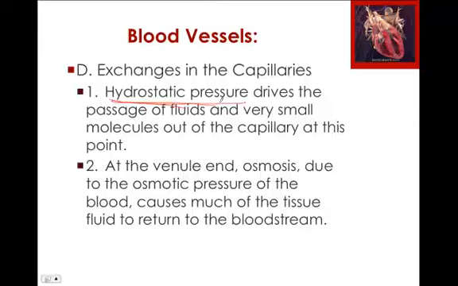If you had holes in your hose, hydrostatic pressure would push some of that liquid out of the hose. And that's exactly what's happening in your capillaries. Your capillaries are leaky to that fluid, and so that fluid will pass out of the capillaries into the surrounding tissues via hydrostatic pressure. Now, that's going to be on the arterial end.